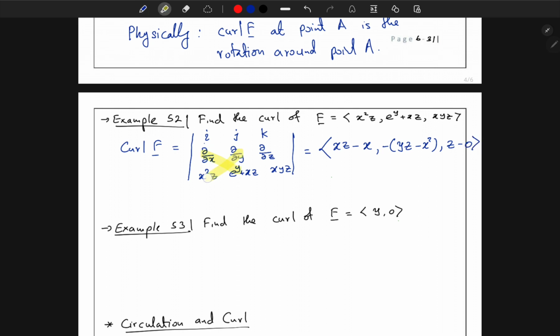I use these two components to find the third component, right, which is xc minus x, x squared minus yc, and c. So this is the curl of f.